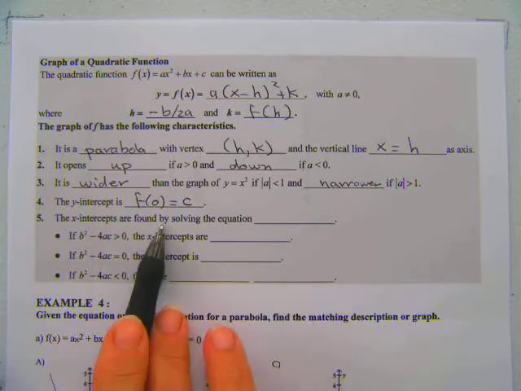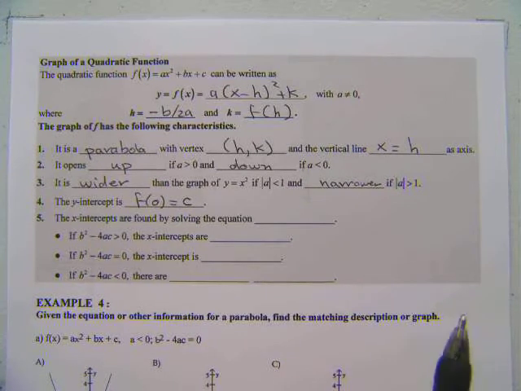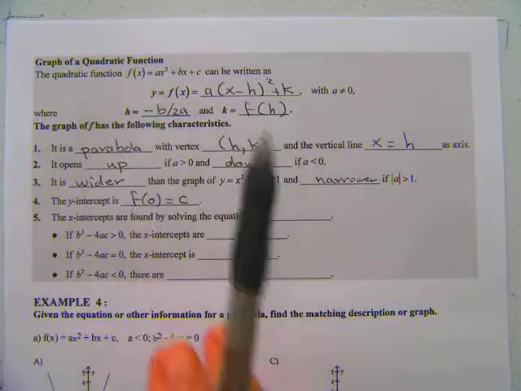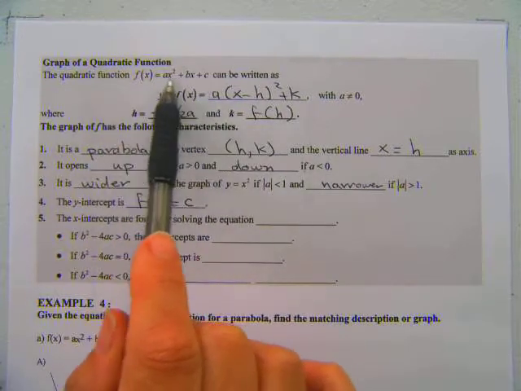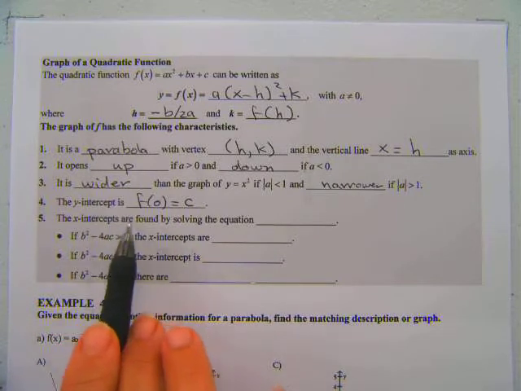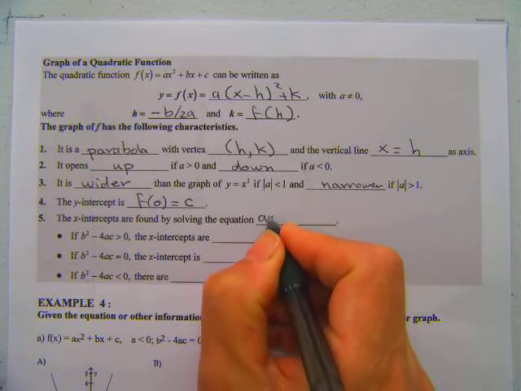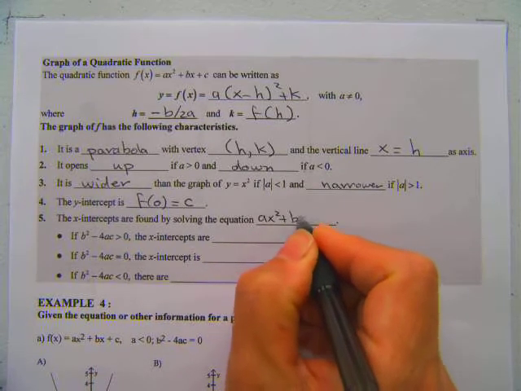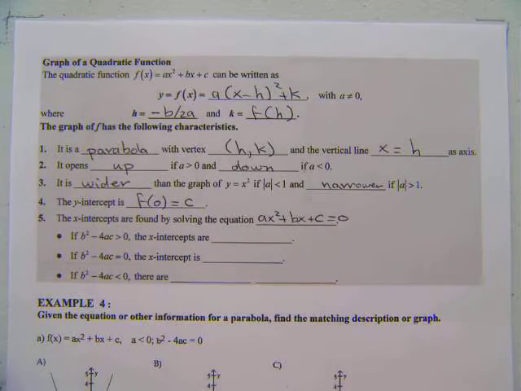For the x-intercepts, they occur when y is 0. Now y is f of x, right? So we need to set the function equal to 0. So the x-intercepts are found by solving the equation ax squared plus bx plus c equals 0. We already know how to solve a quadratic equation. Do you remember? Let's look at the quadratic formula.